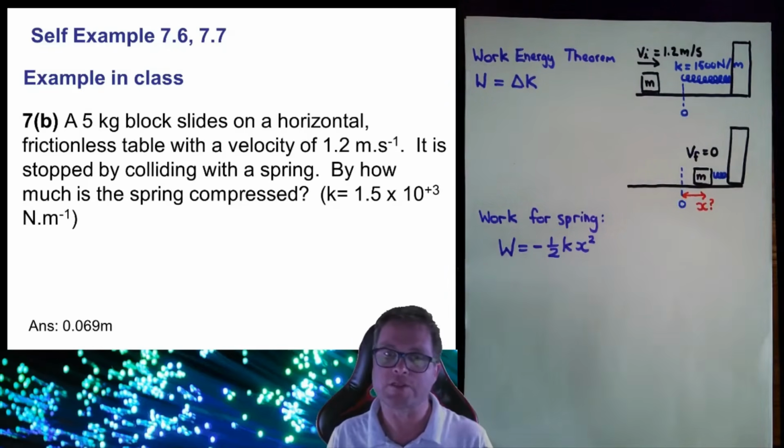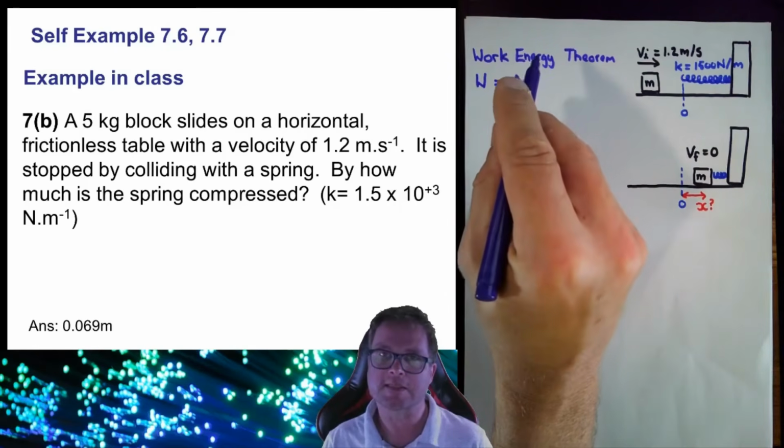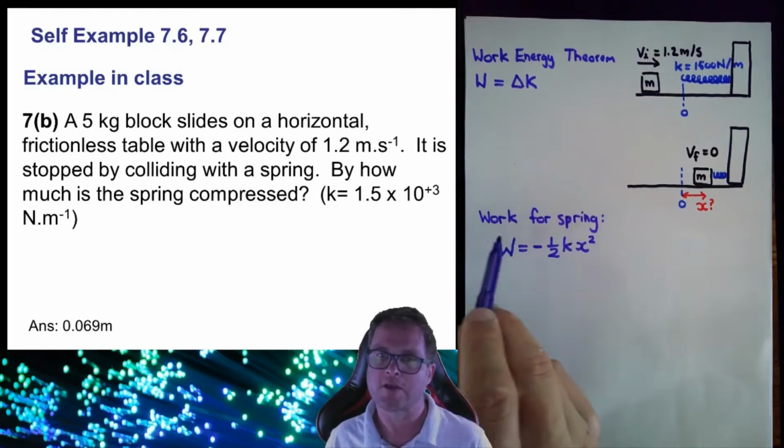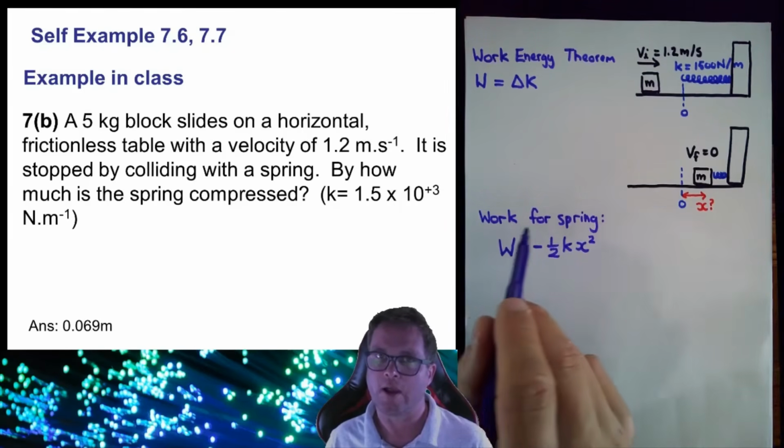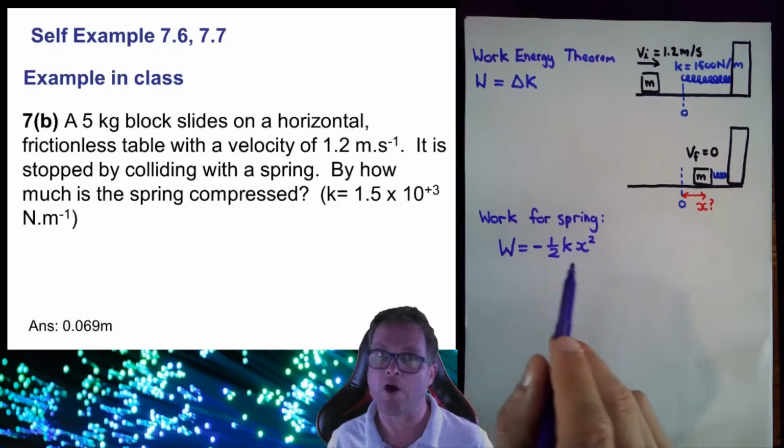And the way we're going to solve this problem is by using the last two concepts that we've derived. The first is the work energy theorem, and the second concept is that the work for a spring is given by this expression, half kx squared.